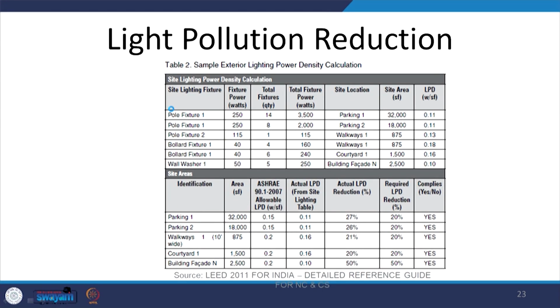When we are going for compliance, we would see the kind of fixture which has been installed, its power in watts, the total number of fixtures provided, so the total fixture power, the site location, and the total area that it covers.